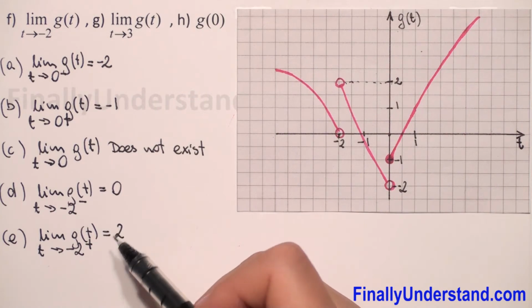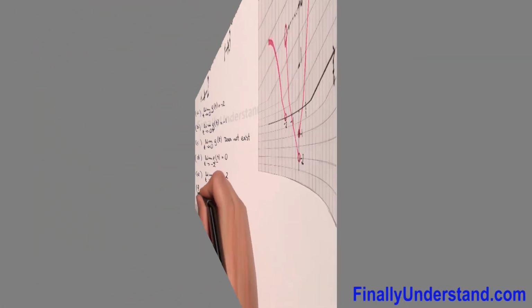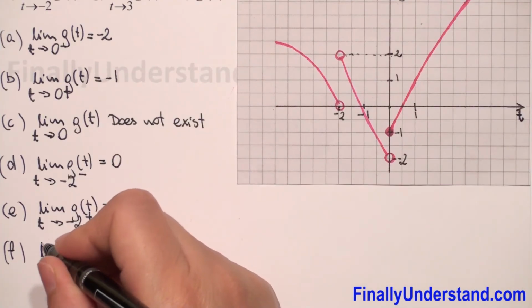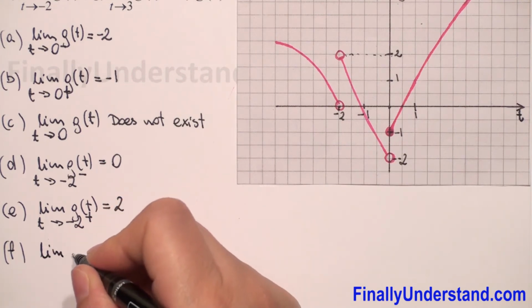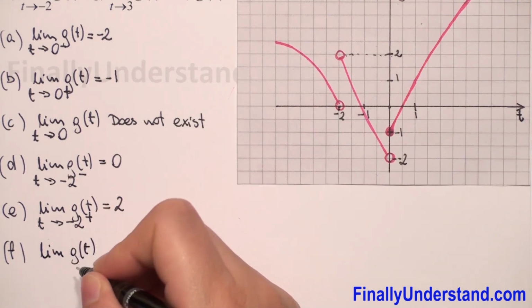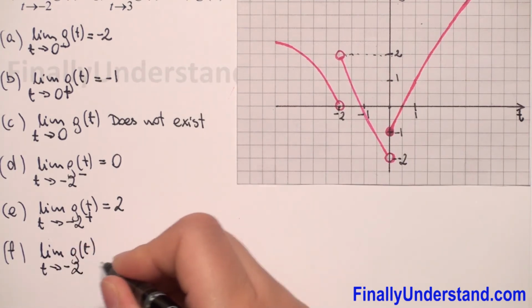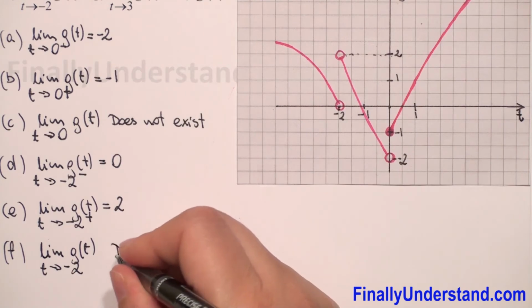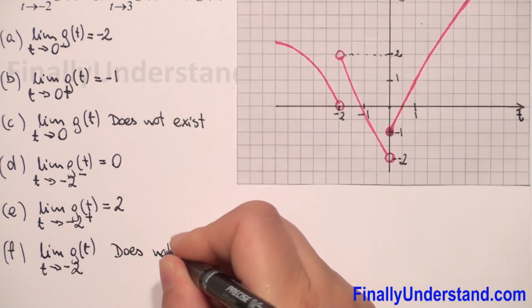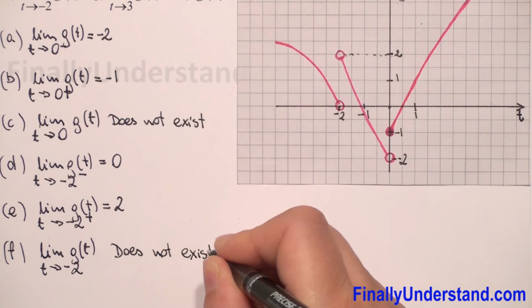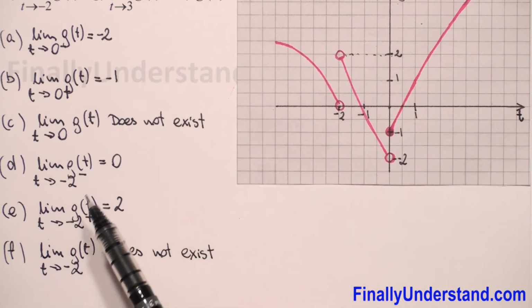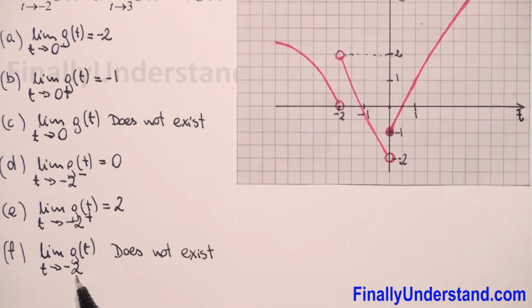It means the limit, question F, of g of t as t approaches negative 2 does not exist. One more time, why? Because the left and the right limits are different. So the limit as t approaches negative 2 does not exist.